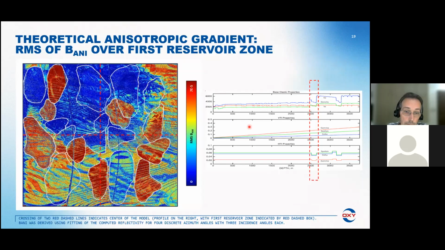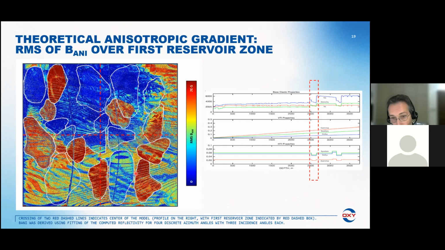Now, what should that BANI be? Obviously, there are various ways of computing that. You can go to effective anisotropy. There are different ways of doing it. The way I have done it is through using the computed reflectivity. I'm doing a fitting to derive the BANI with that Fourier coefficient method, and I'm using 12 azimuthal angle sectors.